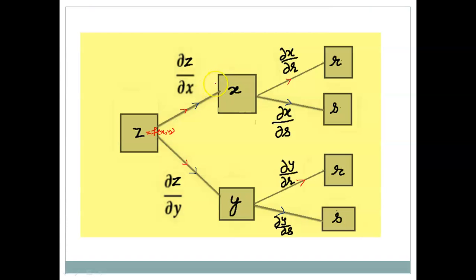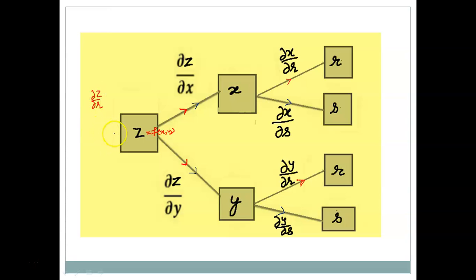Just visualize the situation here. When we are taking with respect to r, we move along the red arrow, which means you are finding ∂z/∂r. Then you proceed like this: ∂z/∂r equals this into this along the red arrow, plus along the red arrow ∂z/∂y into ∂y/∂r. So this will give you ∂z/∂r.